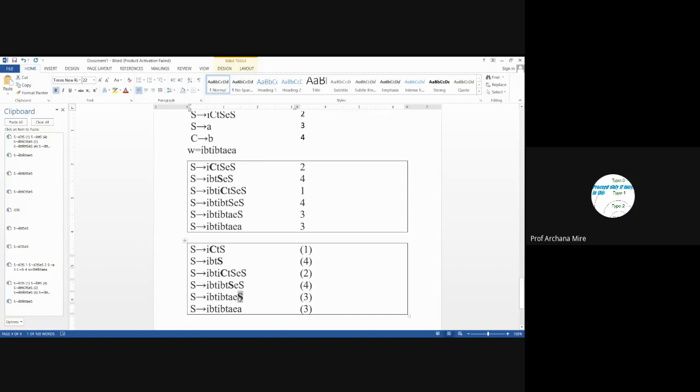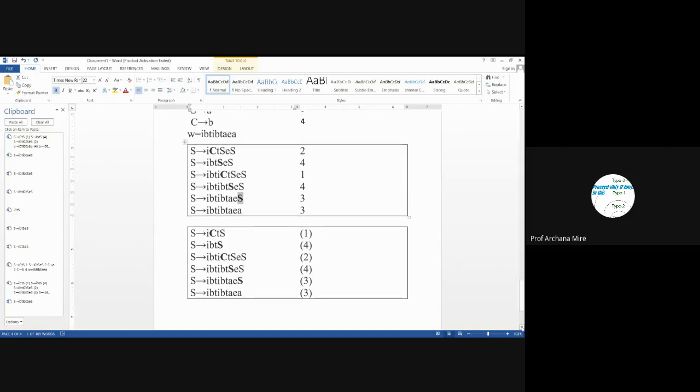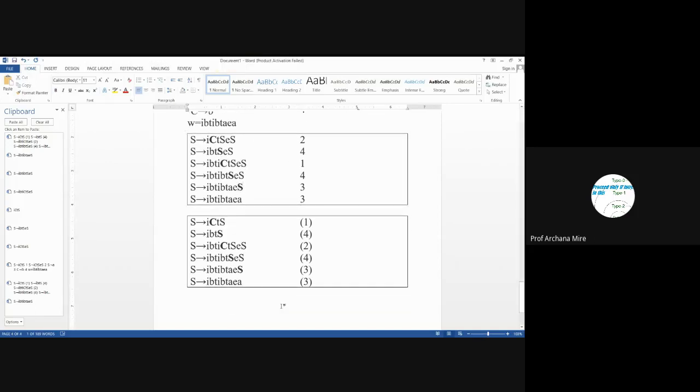It shows exactly which non-terminal we are replacing. So both are leftmost derivations, but both are different. Although both are leftmost derivations, both derivations are different. There exists more than one leftmost derivation. So I will write here.